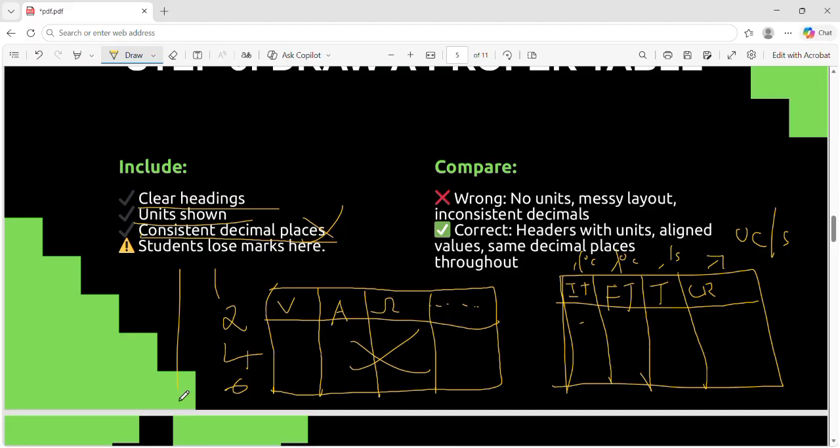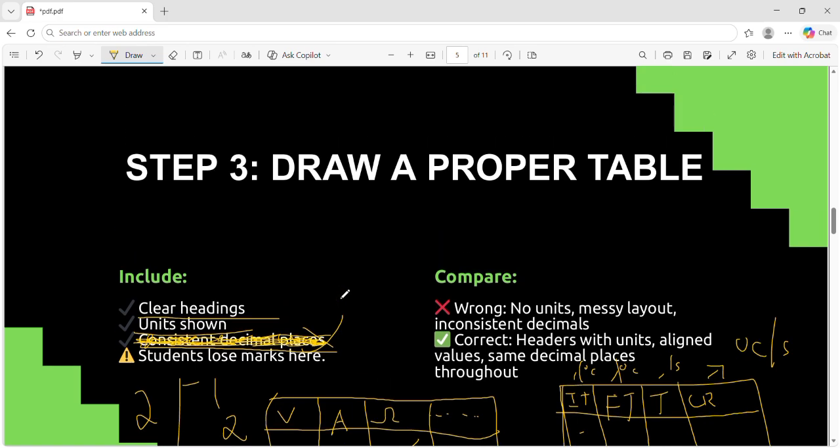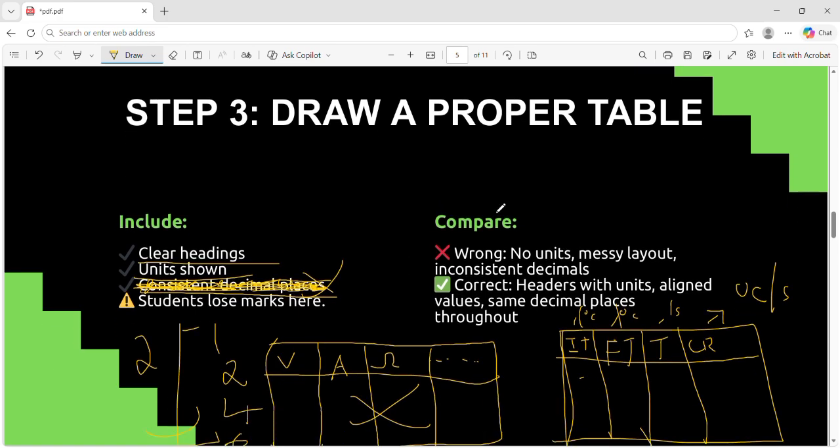You have to put them consistently, either 2 or 3 or 4 and so on. But you don't have to do this step. You can skip this because they don't ask you to put values in. So don't put it. Don't go against their instructions. But most people don't put the units, and they have a messy layout.